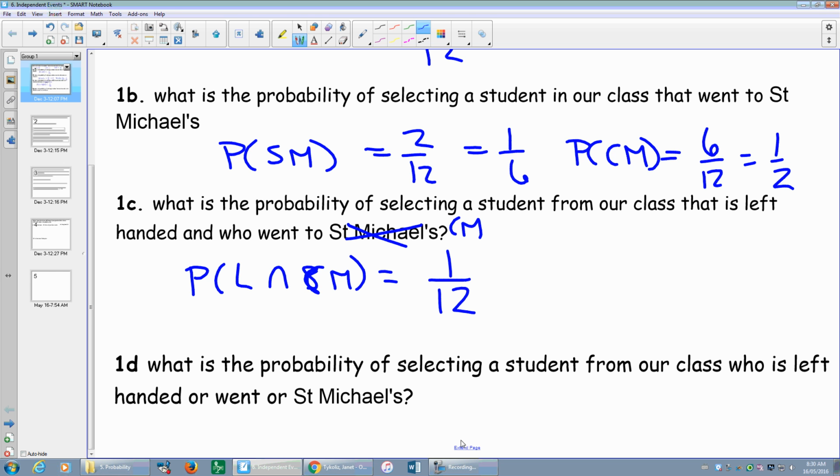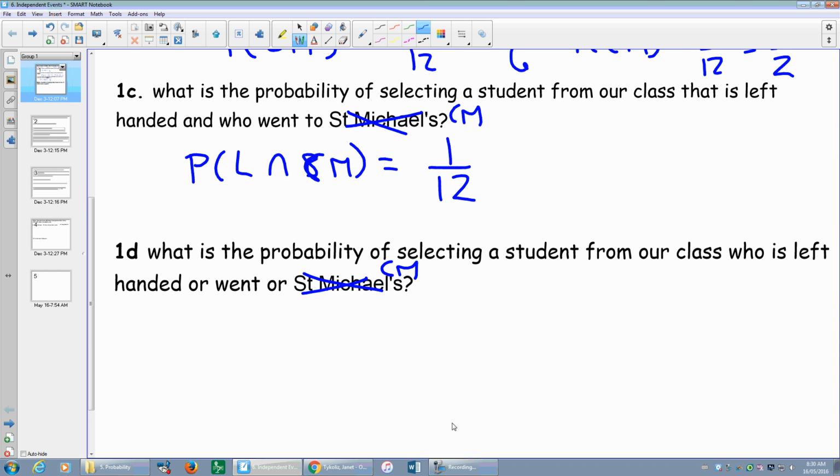Okay, the next one here says, what is the probability of selecting a student from our class who is left-handed or who went to, we'll do CM. So I want to figure out the probability of a left-handed or went to CM, Canadian Martyrs. What do you think I would do for this? This isn't new.